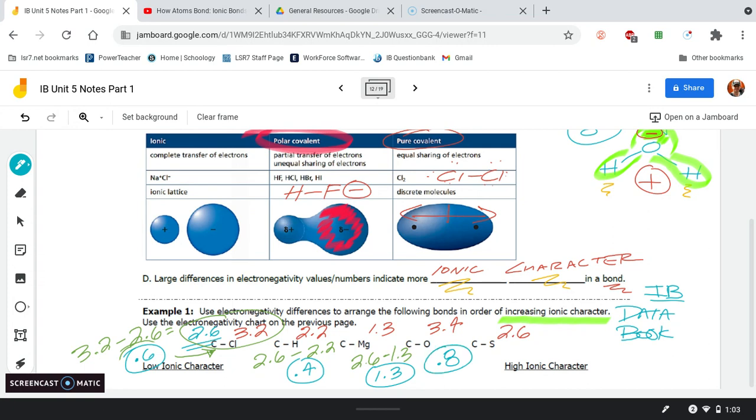And then, of course, 2.6 minus 2.6 is 0. I didn't write all the math out for all of them, but you could. Just make sure that you write some of the math down so you can see them.